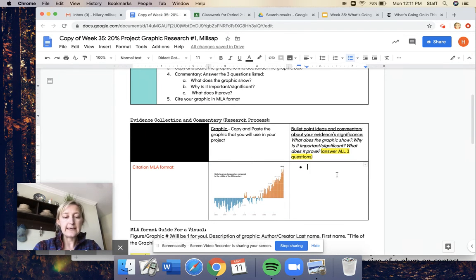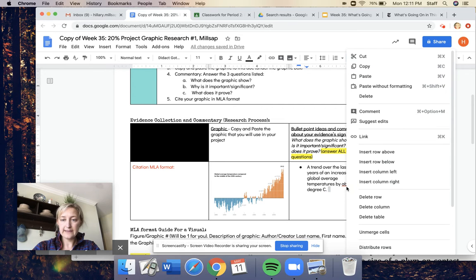So I'm noticing this graph shows a trend over the last 140 years of an increase in global average temperatures by about a degree Celsius. And of course, I want to make sure that's spelled correctly.